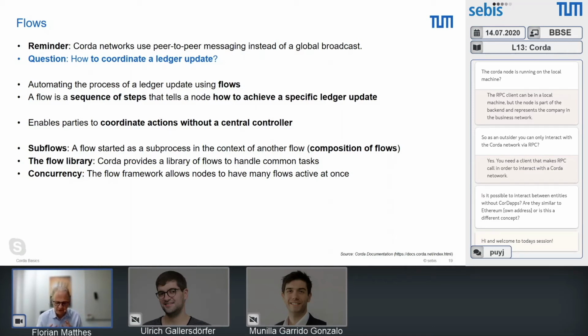So if Alice wants to do something, technically she can start talking to Bob, but if Bob wants to answer in a certain way, Bob also has to have a flow definition for how to answer Alice. So you have this notion of flows and sub-workflows: somebody initiates a flow, Alice does something, and then she waits for Bob to do something, and therefore there needs to be a subflow definition of what Bob should do. And if these flows and subflows are correctly coordinated, this yields a distributed execution.